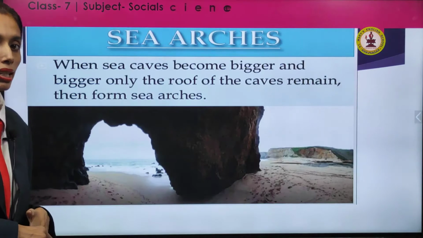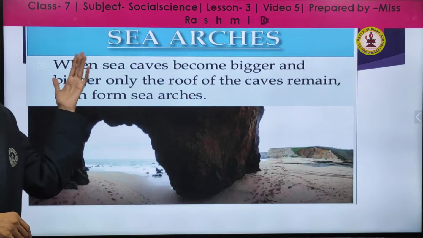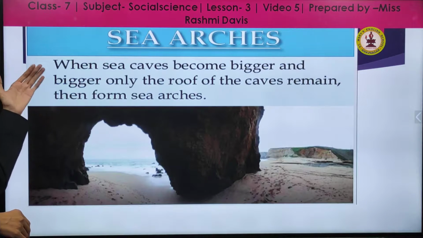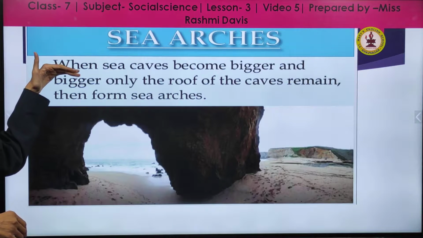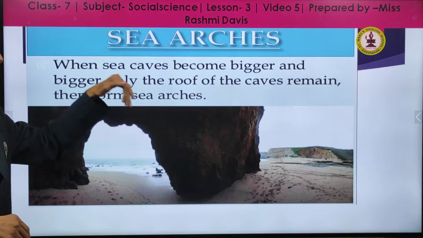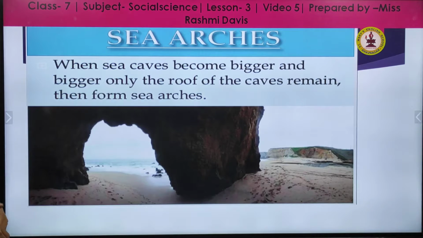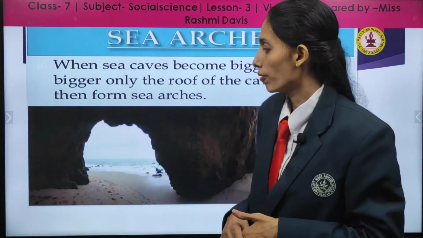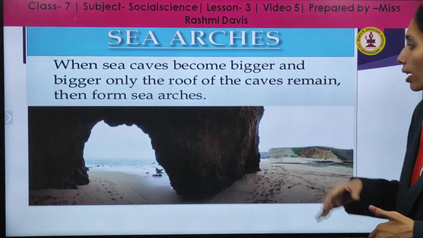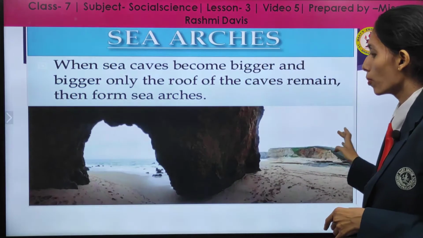Just see the second term, that is sea arcs. When sea caves become bigger and bigger, only the roof of the cave remains, which then forms the sea arc. Here you can see the water, it tries to move faster.